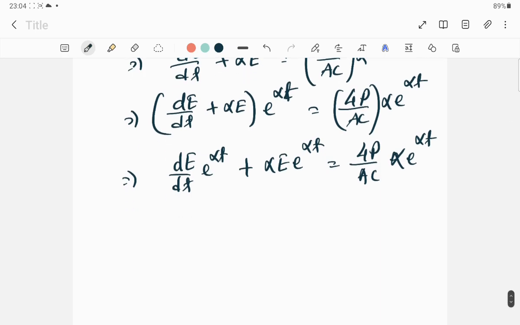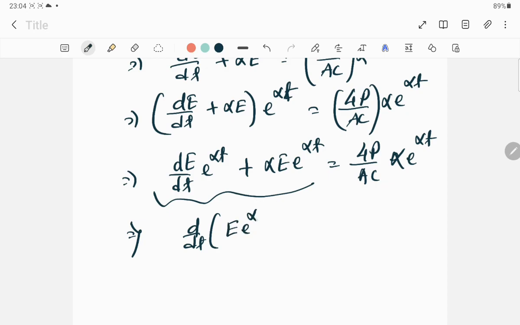If I consider this whole thing, I can write it as d/dt of E into e to the power alpha t. You can consider E as constant. d/dt of e to the power alpha t will give alpha into e to the power alpha t.